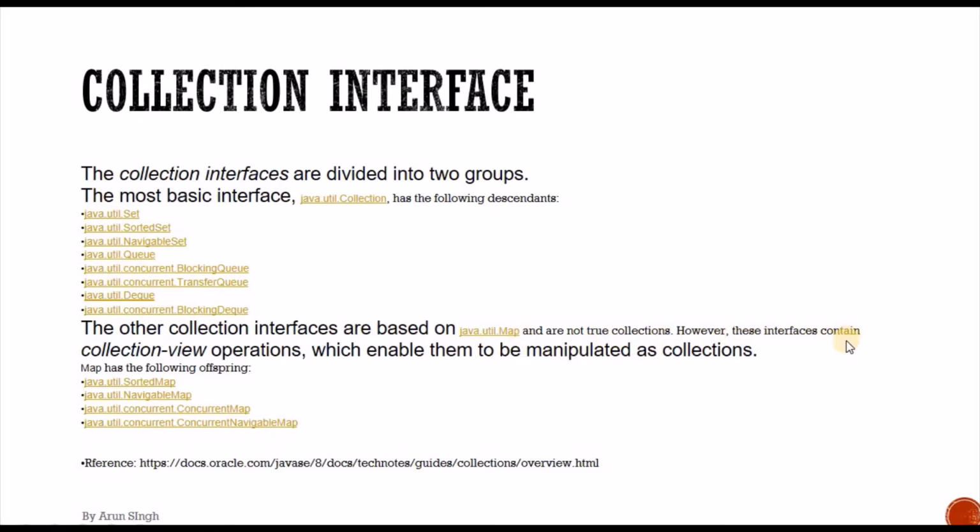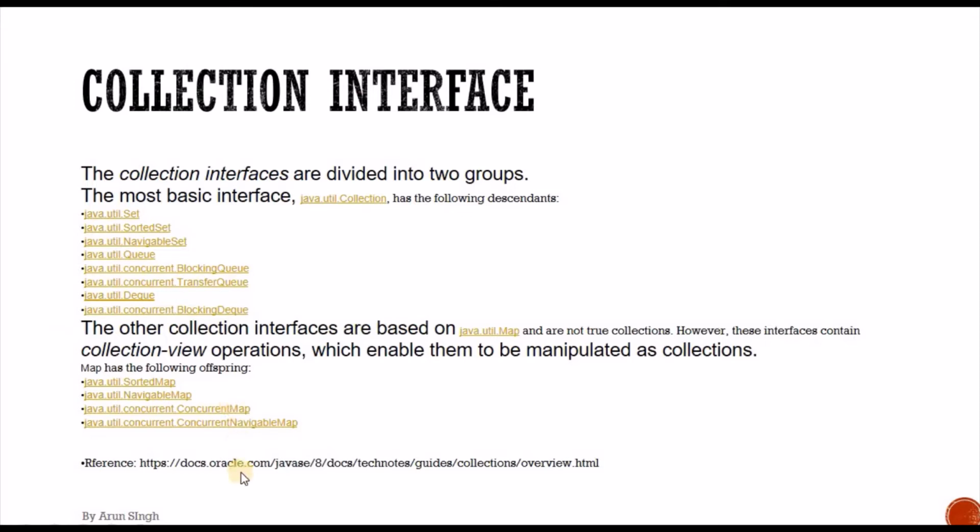However, these interfaces contain collection-view operations, which enable them to be manipulated as collections. But Map is not a part of Collection. That's why even Oracle said that these are not true collections. Under Map you have SortedMap, NavigableMap, ConcurrentMap, and ConcurrentNavigableMap.